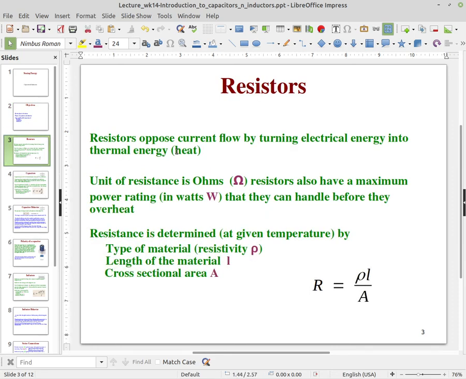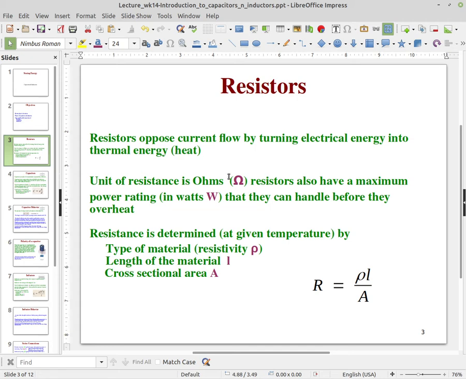So resistors, just remember that resistors oppose current flow, and they do that by turning electrical energy into thermal energy or heat. The unit of resistance is ohms. If you were going to buy a resistor, you also have to consider the maximum power rating so that the resistor doesn't overheat and burn up and become destroyed.